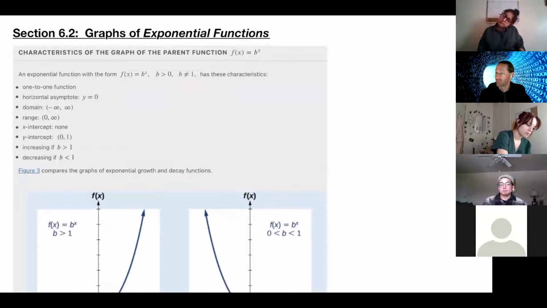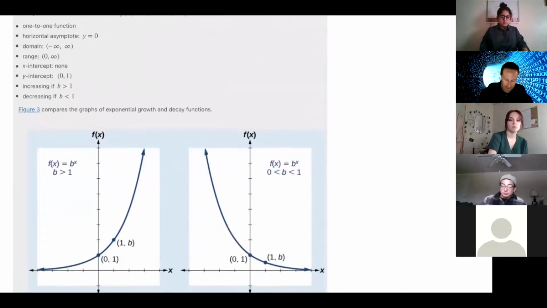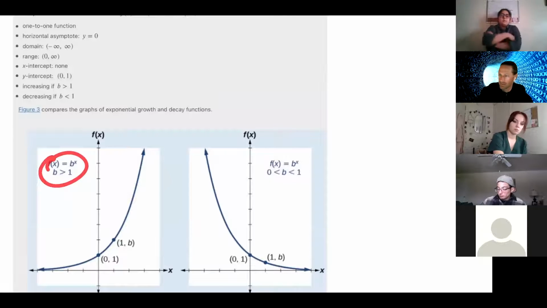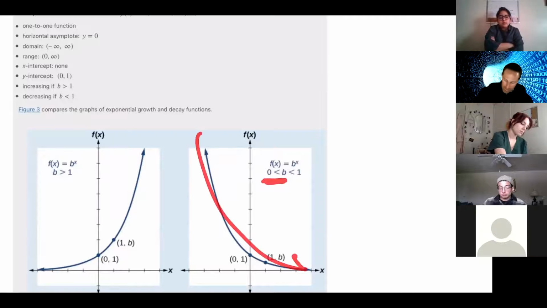Now let's get to the graphs. We kind of talked about it already. The increasing, our base, remember it's all about that base, because then there's no trouble, all right? It's greater than 1. If it's less than 1, but remember, not negative, so greater than 0, then it will be decreasing.